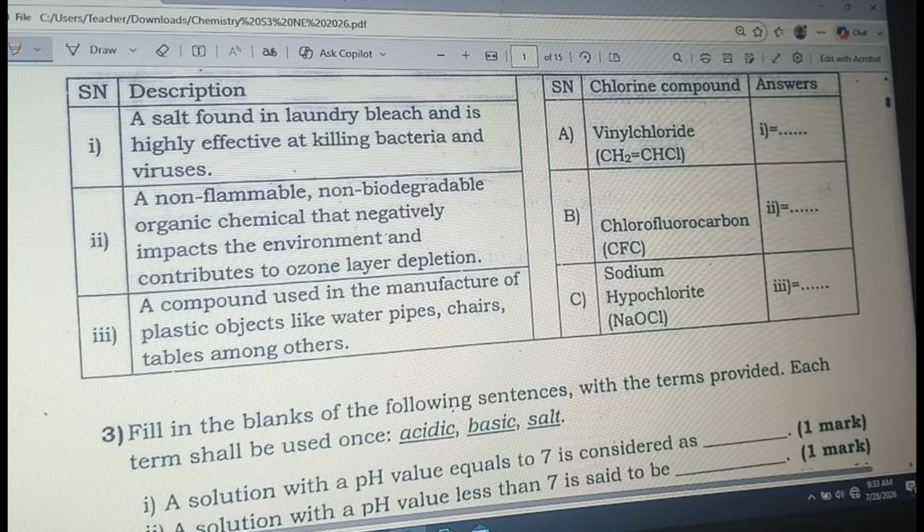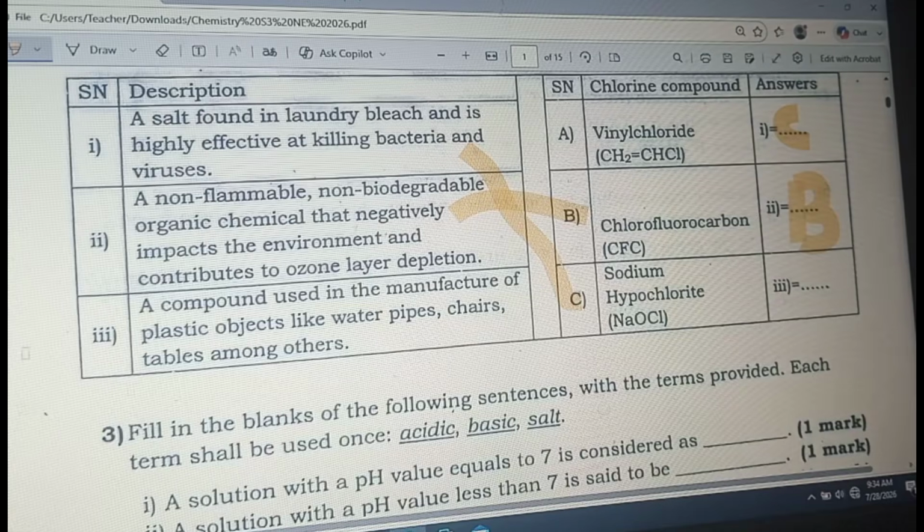This one matches sodium hypochlorite, so here is C. I.2. A non-flammable, non-biodegradable organic chemical that negatively impacts the environment and contributes to ozone layer depletion is chlorofluorocarbon, CFC. Here is B.